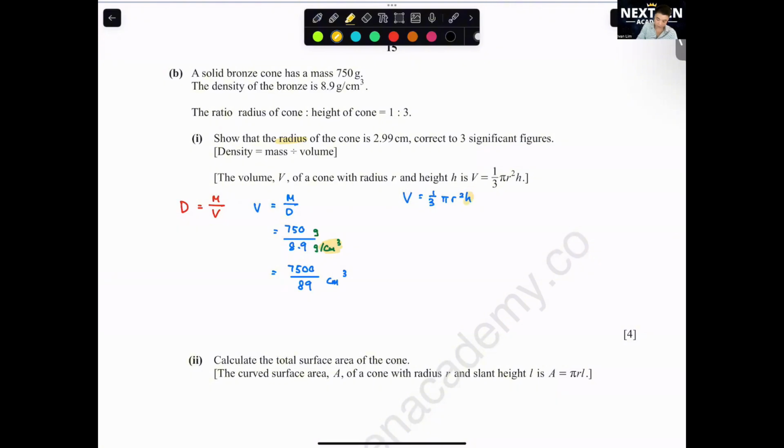In the question, they gave us the ratio of radius of cone to height is 1 to 3. So what is the h? h is equal to 3r. Okay, you just rearrange the formula. h equals 3r. So 1 over 3 pi r square h is equal to this 7,500 over 89. Okay, I'll replace the h with 3r.